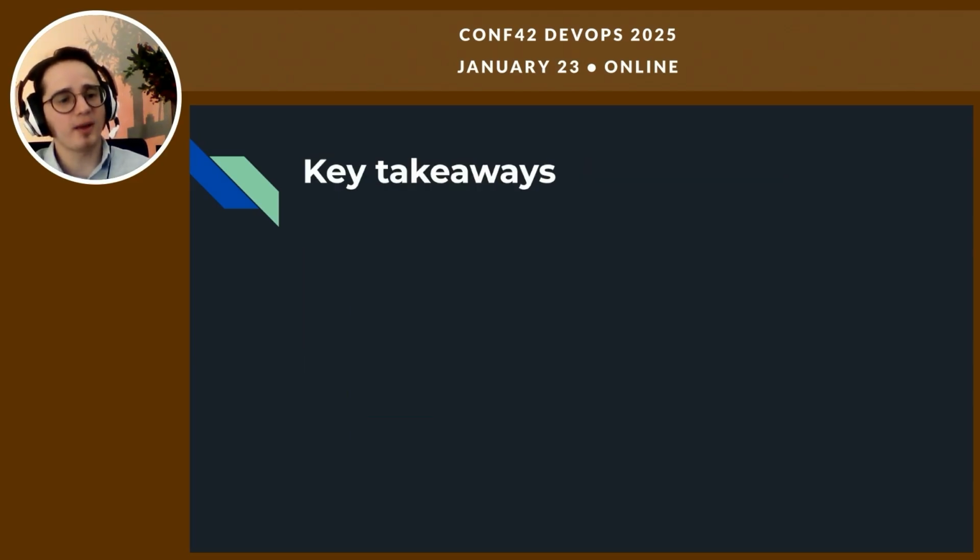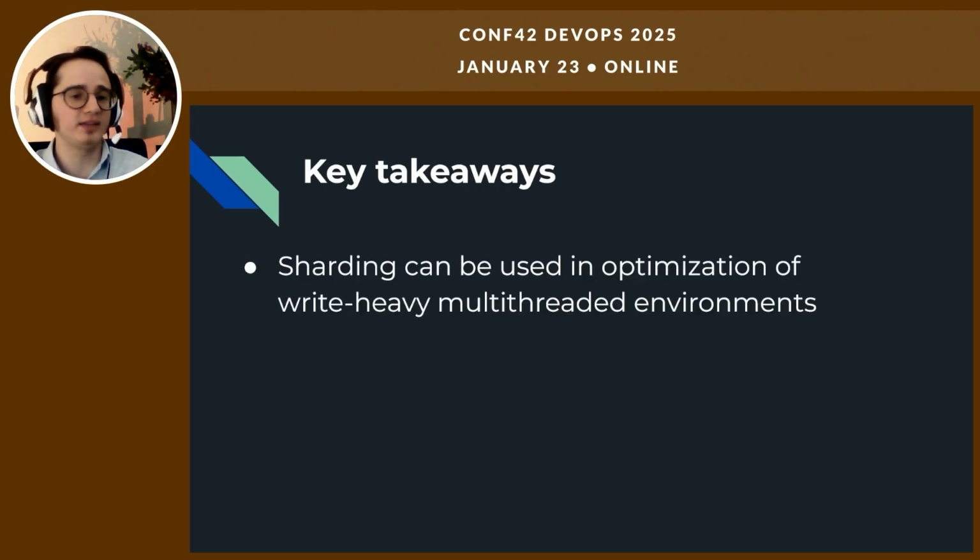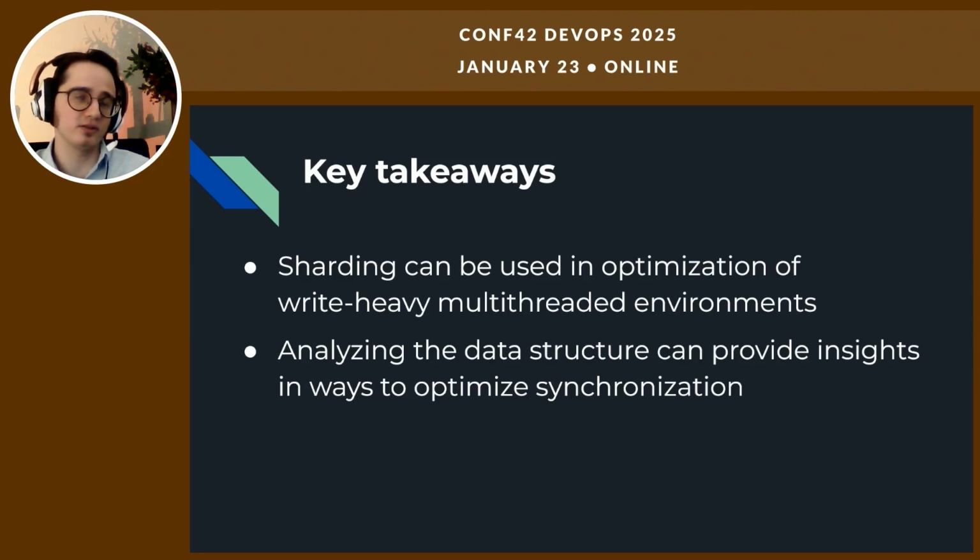To wrap everything up, here are the main points of the presentation. First of all, if you have data with predictable distribution and allowed parallelism by a specific key, you can use sharding to significantly optimize processing time and avoid bottlenecks. Second, this is just one example of how analyzing the data that you have can help you with optimization.